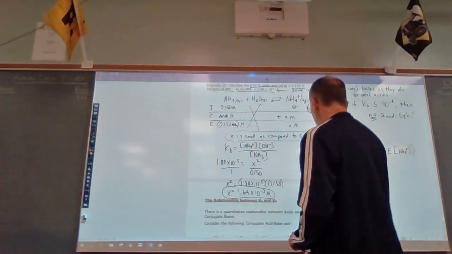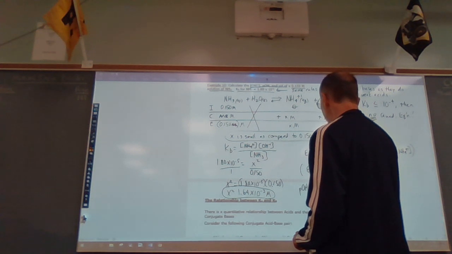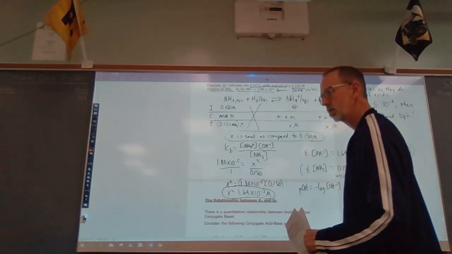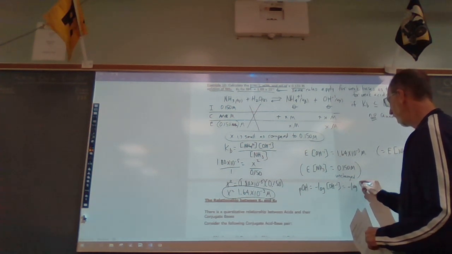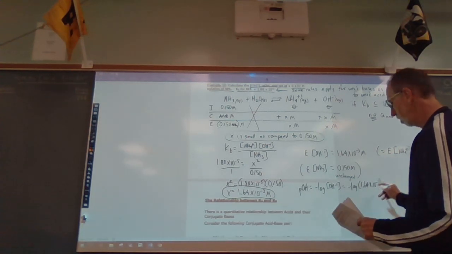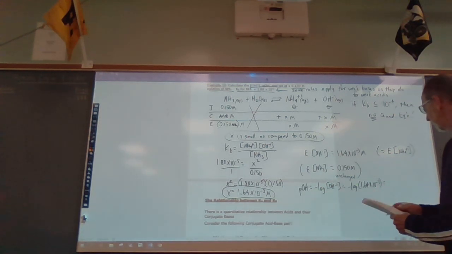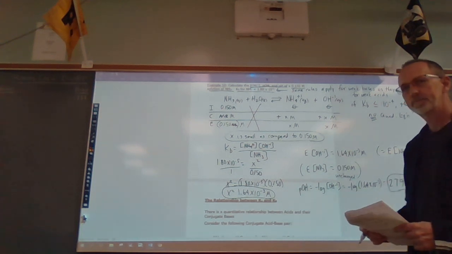Okay? So, pOH is equal to the negative log of the hydroxide concentration, which we now have. So the negative log of 1.64 times 10 to the minus third, and to 3 sig figs, that pOH is 2.79.